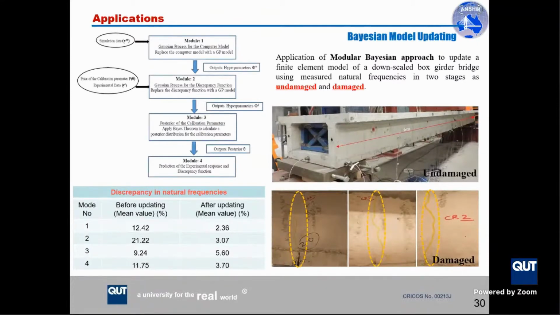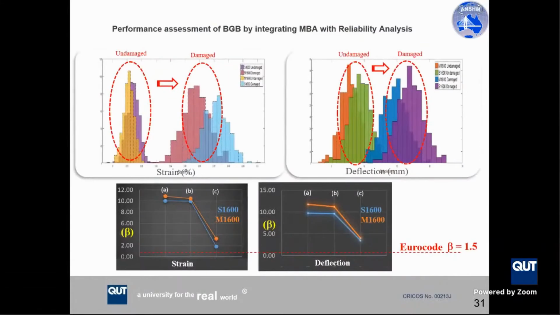As you can see here, the level of errors in natural frequency reduced significantly after we apply this technique. And we also use the updated model for performance assessment using reliability analysis. As you can see here, we calculated the reliability index for the strand and deflections.